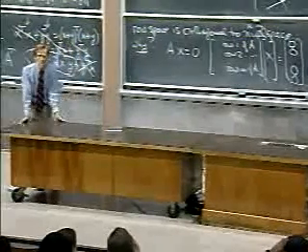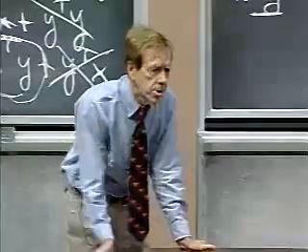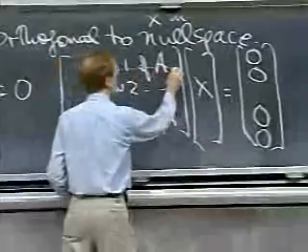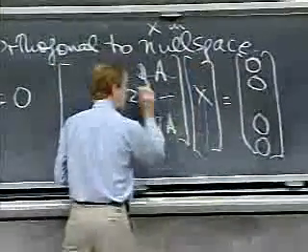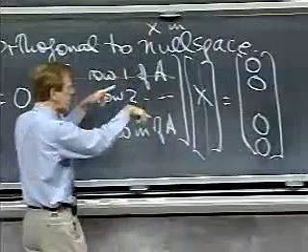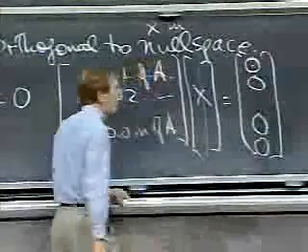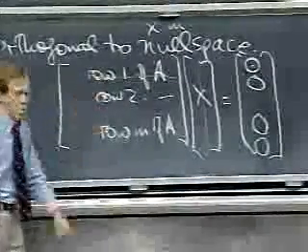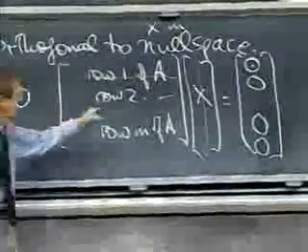And do you see why? Because this equation is telling you that row 1 of A multiplying, that's a dot product, right? Row 1 of A dot product with this X is producing this 0. So X is orthogonal to the first row and to the second row.